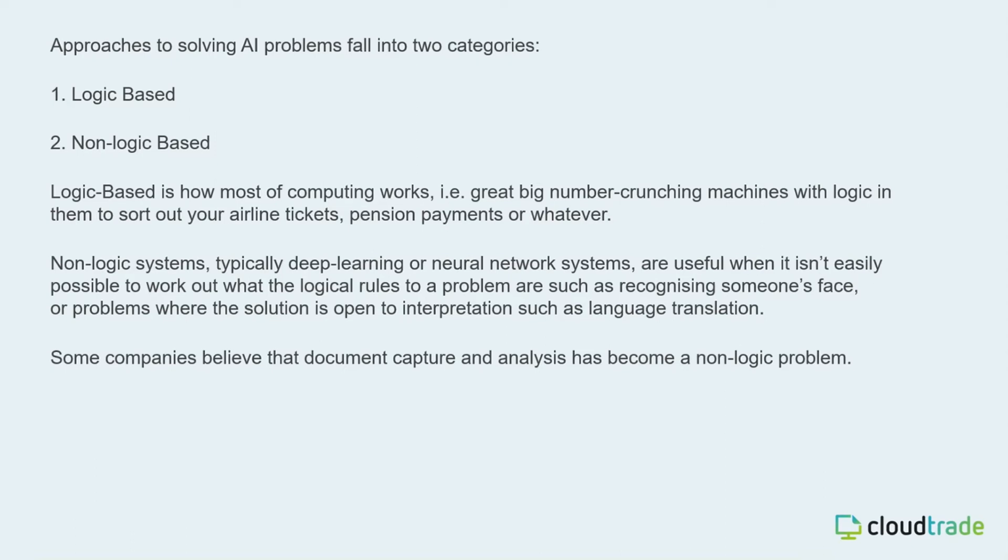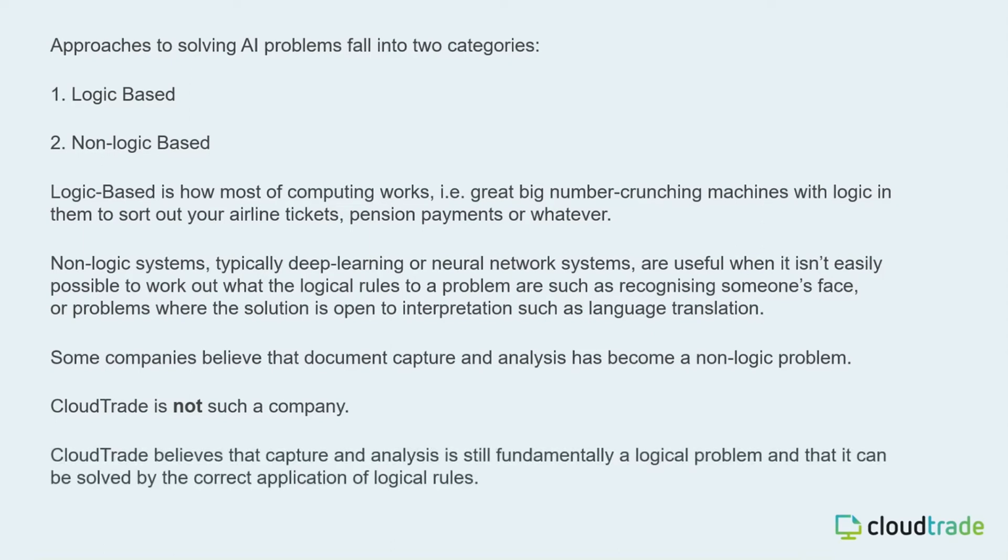Some companies believe that document capture and analysis has become a non-logic problem, but we are not such a company. CloudTrade believes that capture and analysis is still fundamentally a logical problem, which can be solved by the correct application of logical rules, which is why CloudTrade has a rule system at its heart.